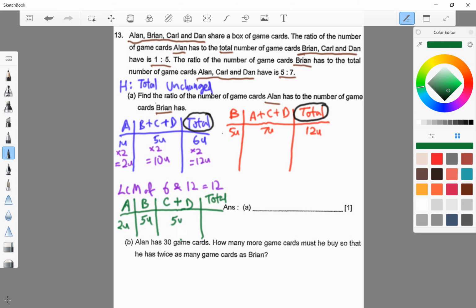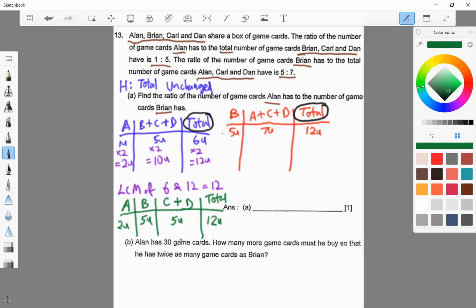Because in the earlier table, the one in blue, B plus C plus D is 10 units, and if I subtract away 5 units, I will have 5 units. Or another way is that in the table that's in red, A plus C plus D is 7 units, and if I subtract away 2 units, I'm left with 5 units as well. So my total will be 12 units.